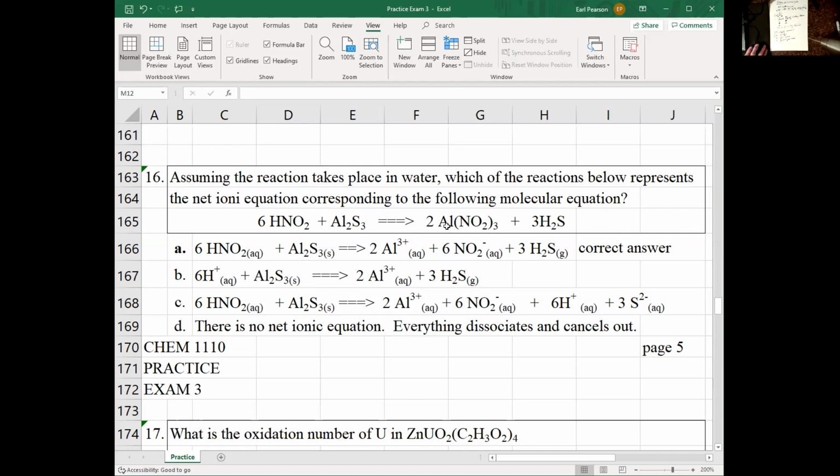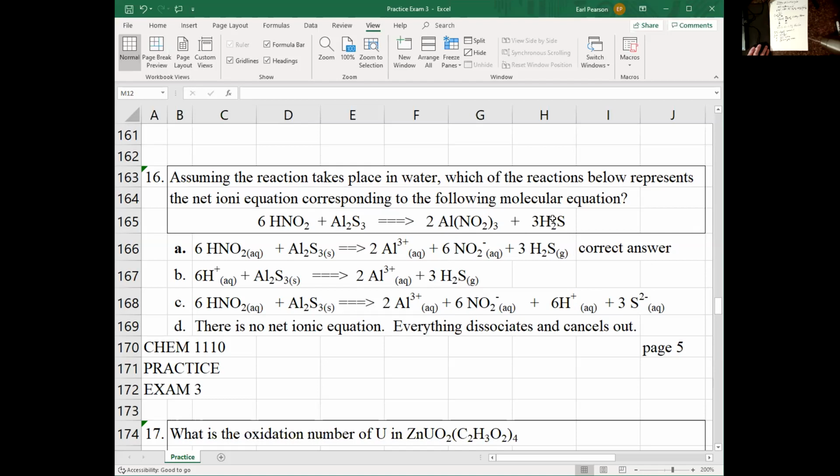That is a nitrite. It is soluble. It does separate into 2 aluminum plus 3. Aluminum is plus 3 in this compound. Nitrite is minus 1. So it's 2 aluminum with a plus 3 charge, and 2 times 3 is 6 nitrites with a minus 1 charge. So this one is correct, and so is this one so far. So both of these are good. If those both went wrong, then this one would work.